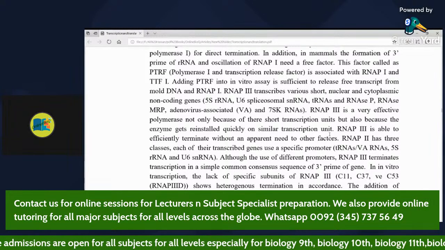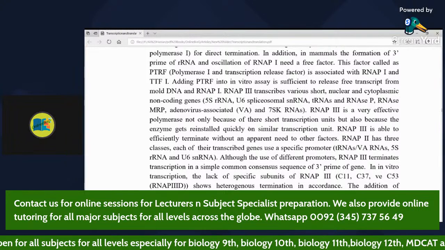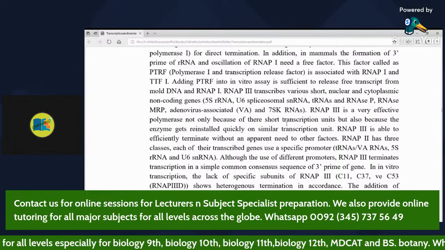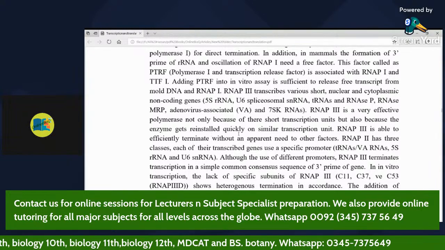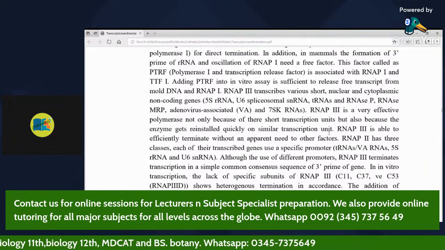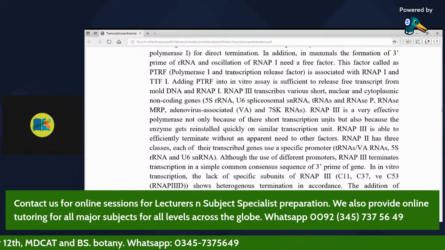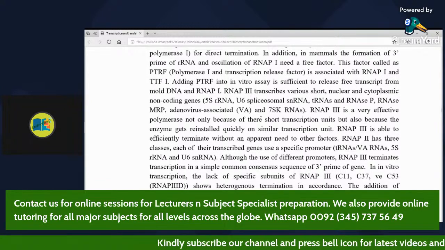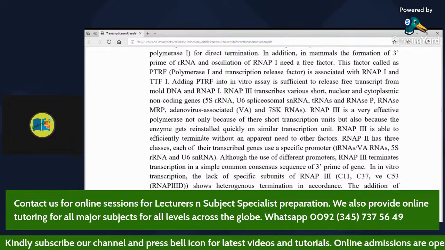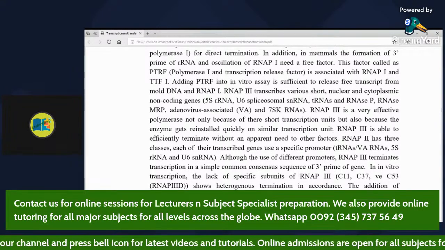RNAP3 is a very effective polymerase, not only because of its short transcription units, but also because the enzyme gets reinstalled quickly on a similar transcription unit.